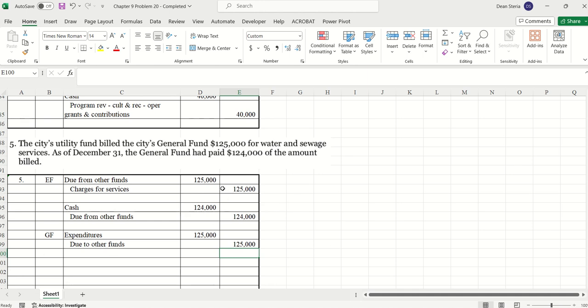So then you look at it, right, due from other funds is due to other funds, and then we deducted the 124, so that means we have $1,000 left, right? And then we're going to hit due to other funds, F-U-N-D-S, due to other funds, for 124,000.